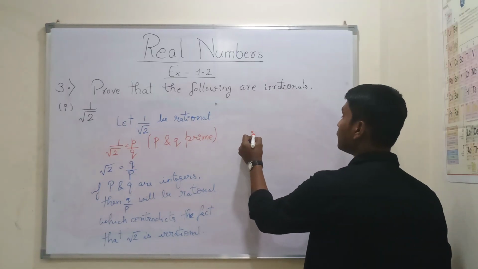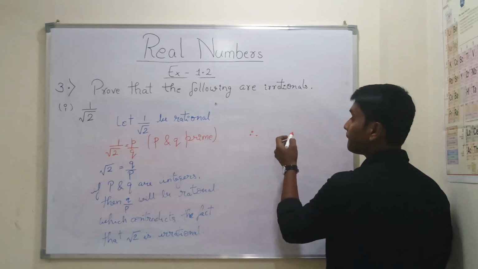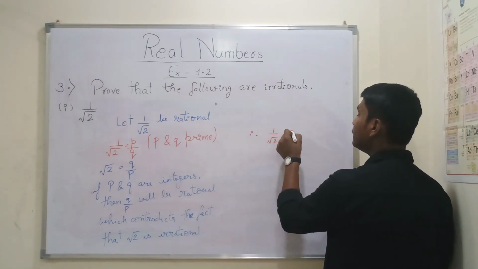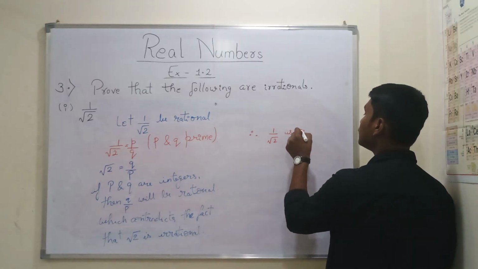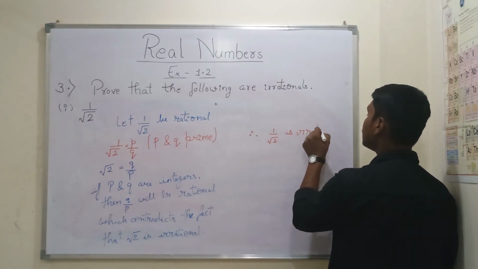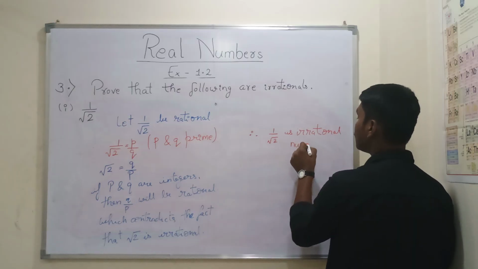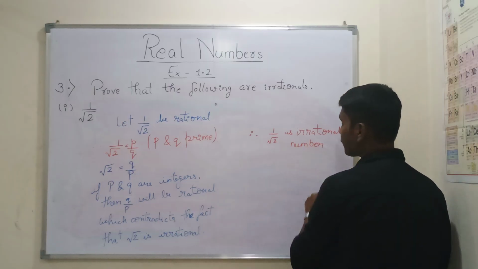Therefore 1 by root 2 is irrational number. That's it.